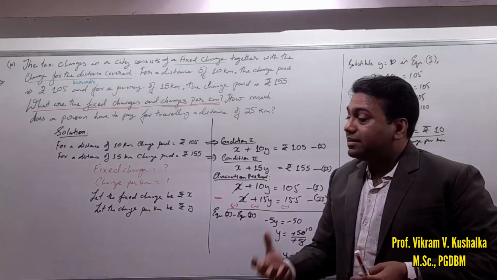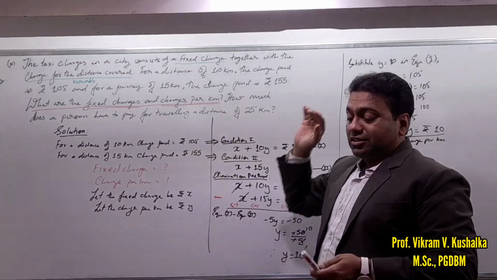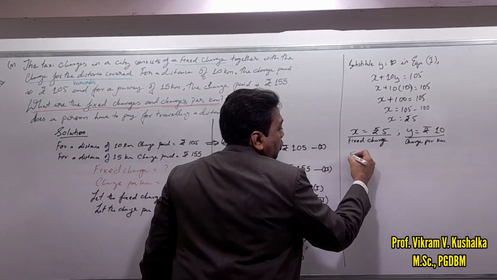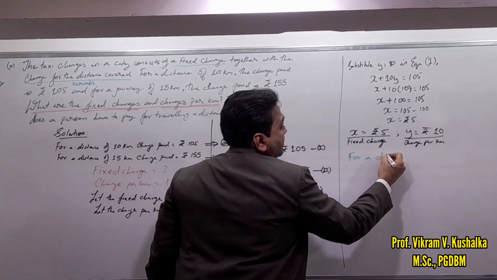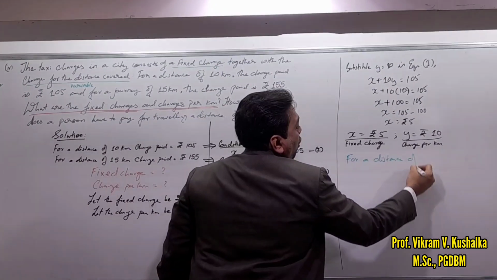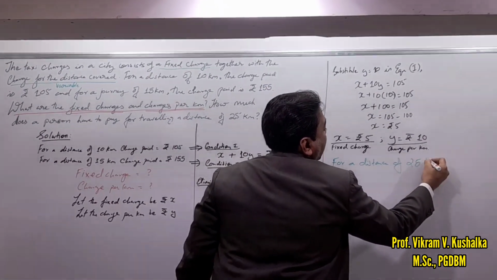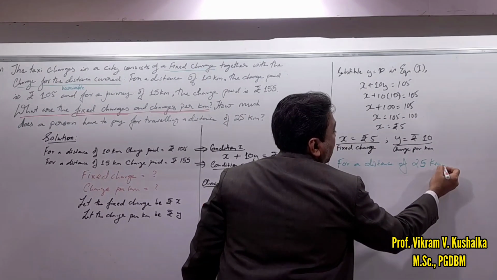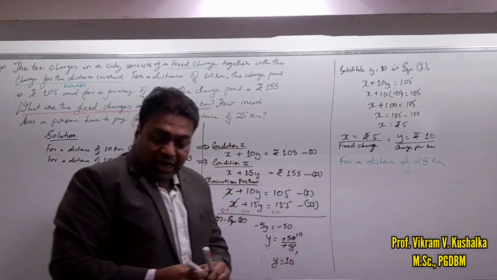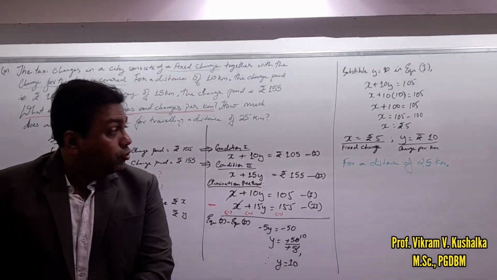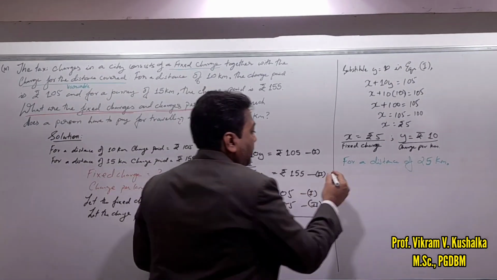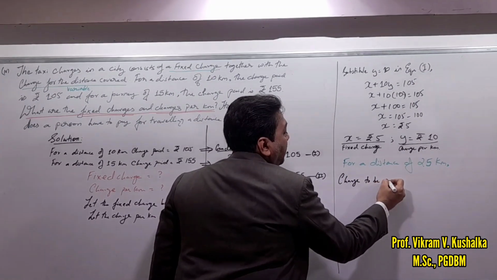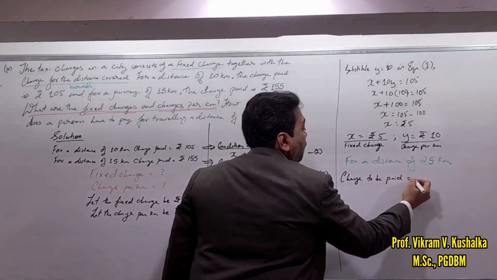So for a distance of 25 kilometers, what is the charge that a person will have to pay? Charge to be paid.